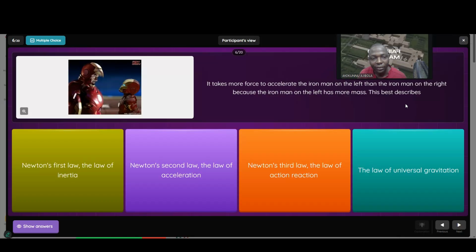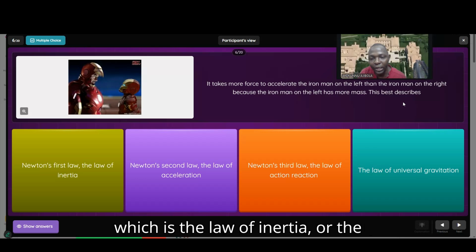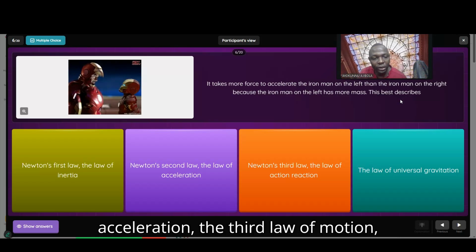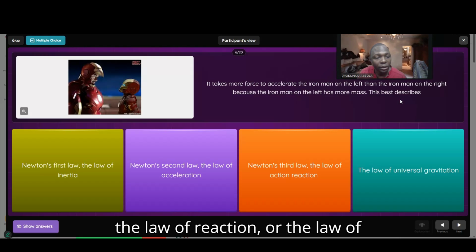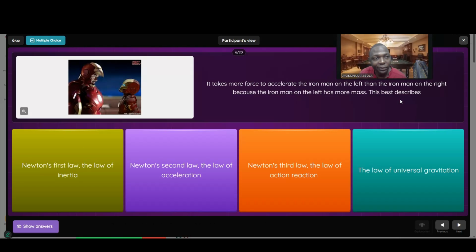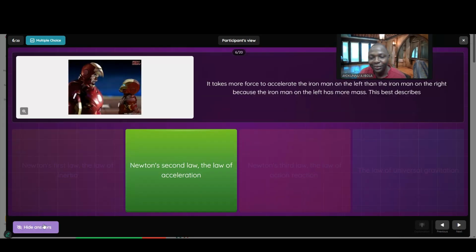It takes more force. So, is it Newton's first law of motion, the law of inertia, the second law of motion, the law of acceleration, the third law of motion, the law of reaction, or the law of universal gravitation? Which one? Second law. Well, that's correct.